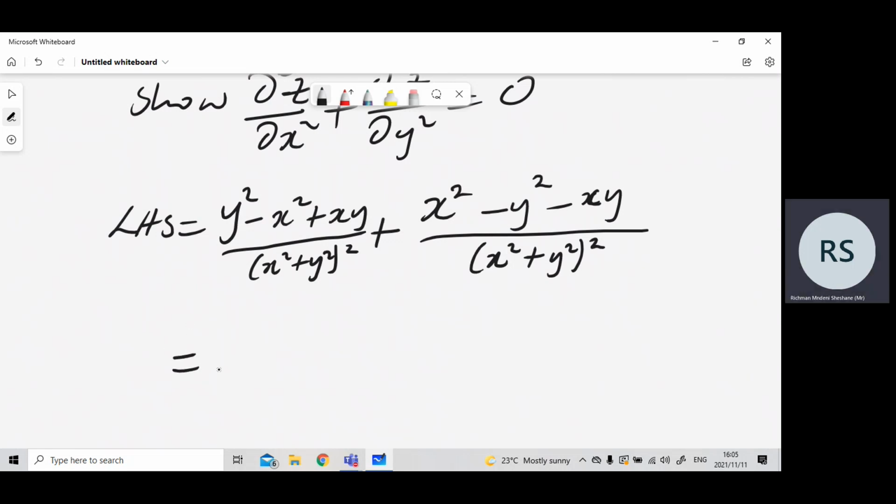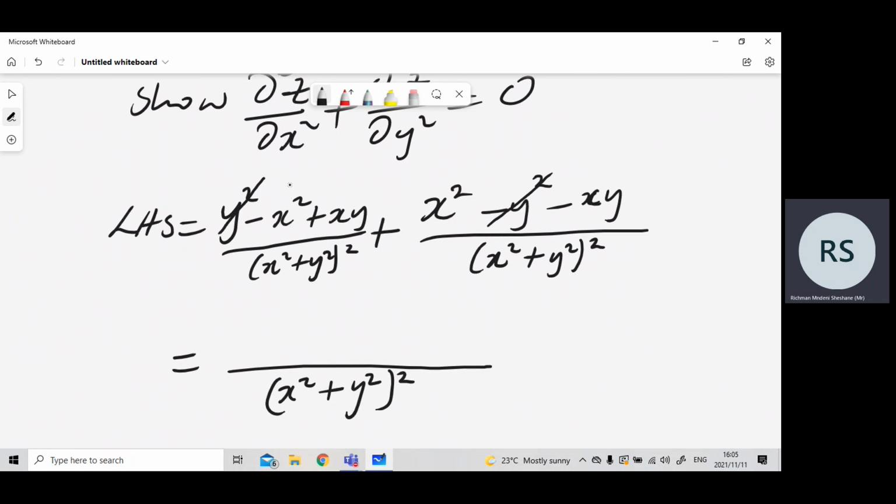So you see they have the same denominator, which is x squared plus y squared, and then we just add the numerators. You see when we add the numerators, y squared minus y squared will be 0.